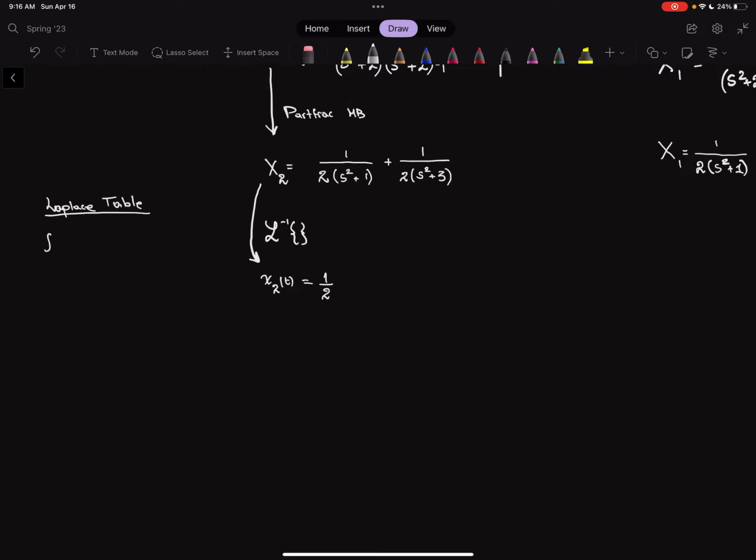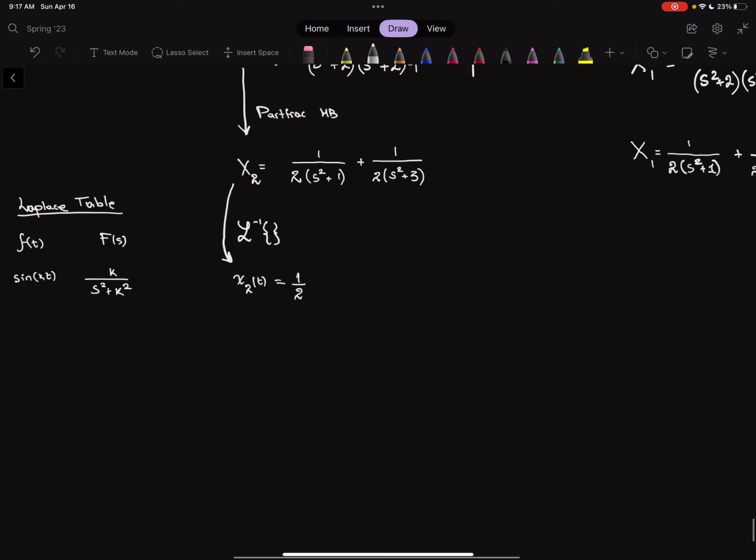So I have f of t and big F of s. And the f of t in the Laplace table is going to be the cosine. And we're just going to use the sine of kt, with the Laplace transform becoming k over s squared plus k squared.